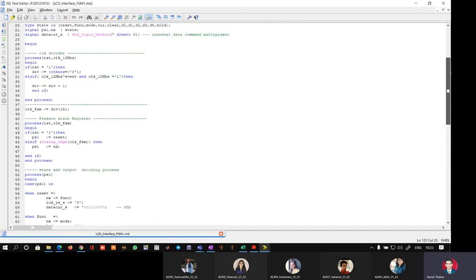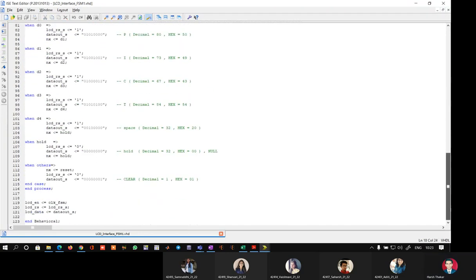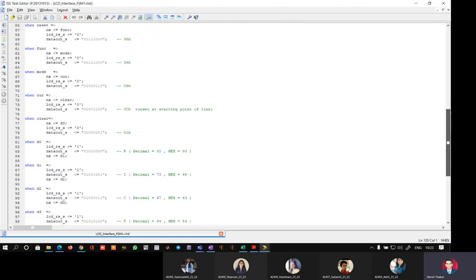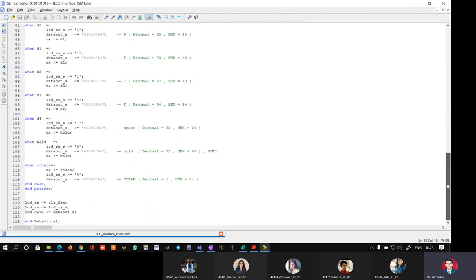Similarly, the dummy signal LCD_RS_S is assigned to my output signal LCD_RS, which I have defined on line number 10 of the entity declaration. And similarly, on line number 119, I have assigned the signal clock_FSM to my output signal LCD_EN.